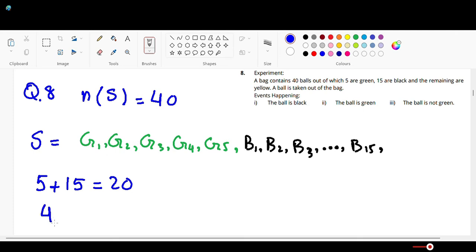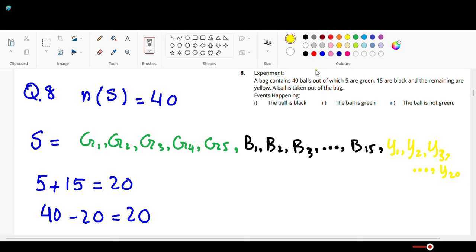So 40 minus 20, we get the number of yellow balls, which means there are 20 yellow balls. So we have Y1, Y2, Y3, all the way to Y20.